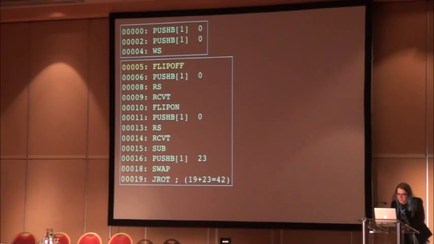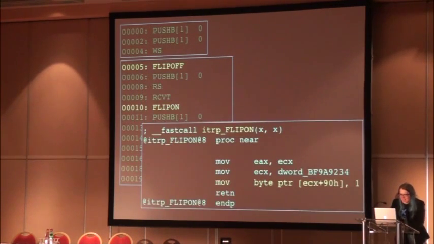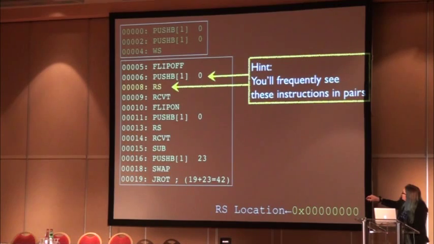Then it flips the flip-on bit off, so it's a 0 now. Remember? And then down here, it'll flip it back on. In between these instructions, you go and read. You'll see these pair up a lot like that. If you're going to read, you'll push a byte on the value, and then you read from it, and so forth.